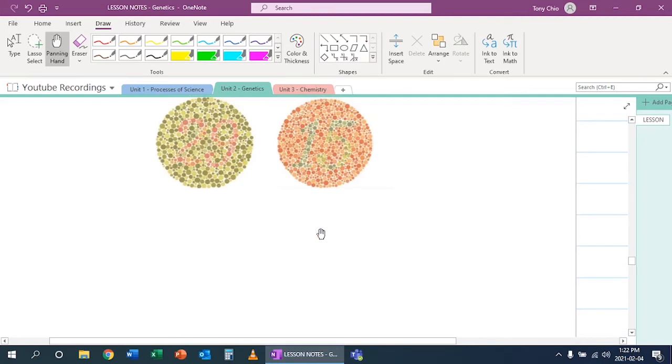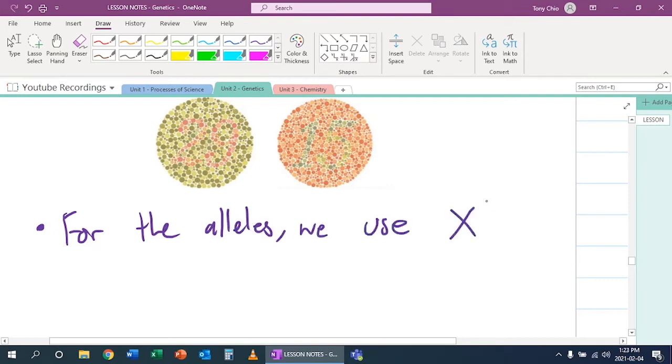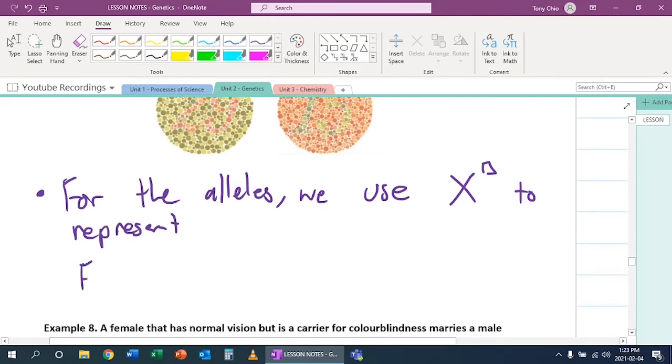Now for sex-linked traits, what do we do? Well, because they're associated with the X chromosomes, for the alleles, the letters that we use, we write X with a superscript to represent them. So, for example, let's talk about colorblindness.